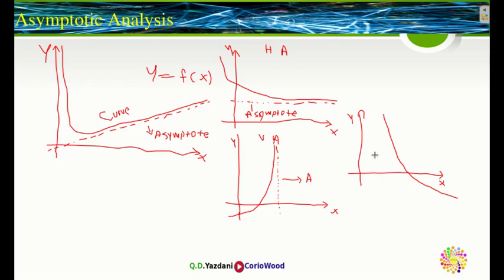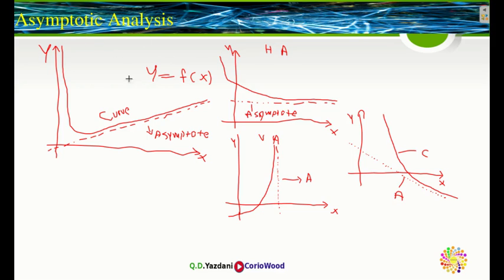The asymptote is a straight line, because our curve is approaching this line. This is the curve, which I'll label C, and this is our asymptote.